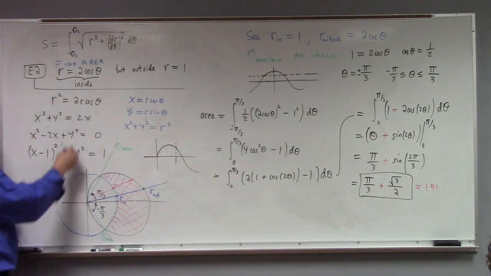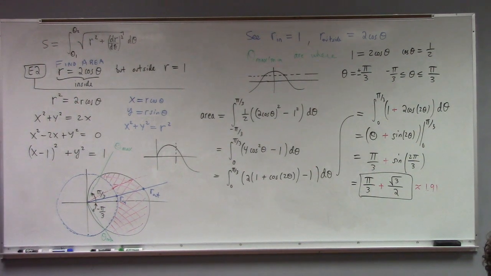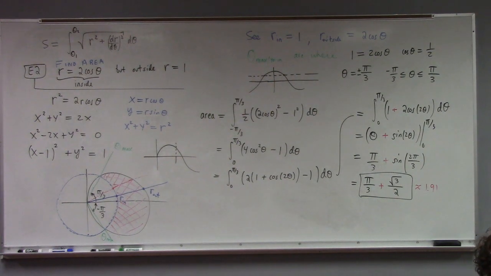How do I know it's 2 cosine theta? Because I derived it from here. So that's how I knew that. This is the problem of setting up the area of a polar region: you have to come to an understanding of what the inside radius is and what the outside radius is.